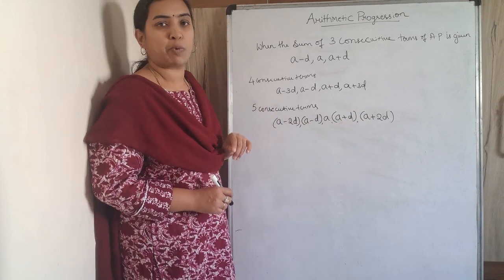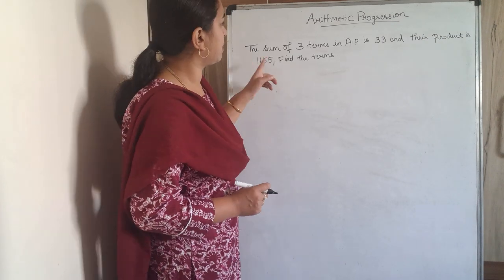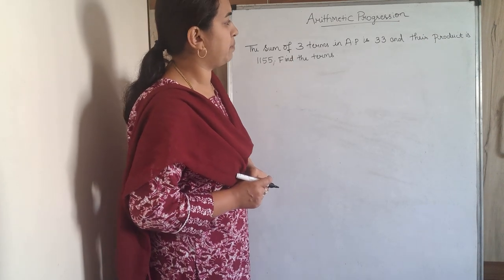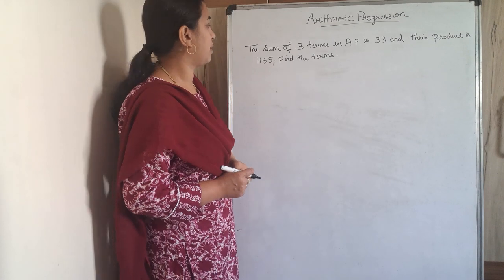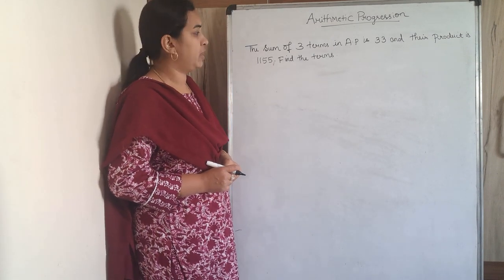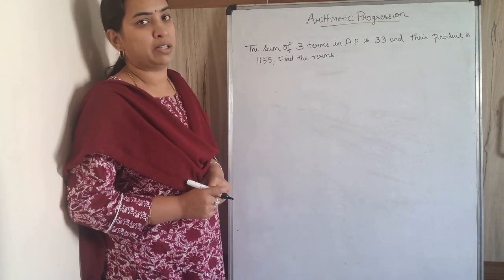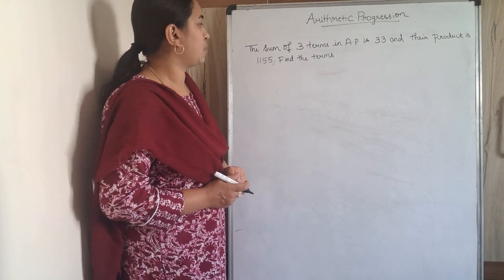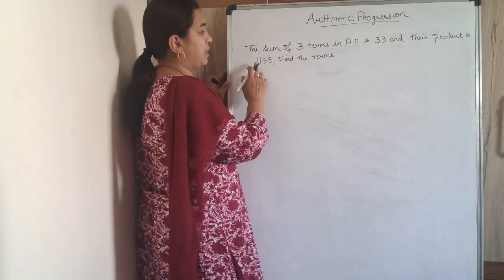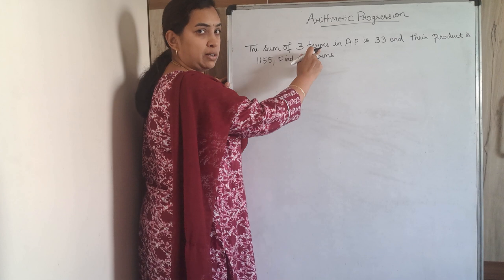So let's solve a problem using the sum of 3 terms. The sum of 3 terms in AP is 33 and the product is 1155. Find the terms. So we need to find the terms in AP now. They have given it is 3 terms.